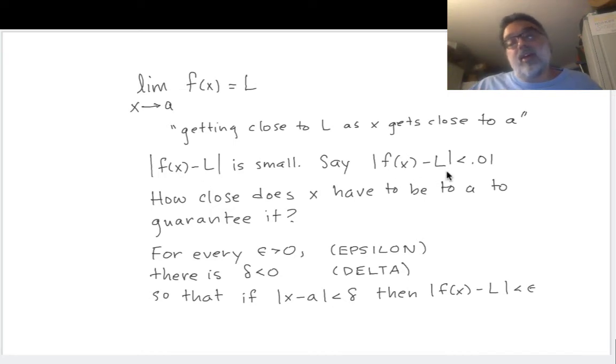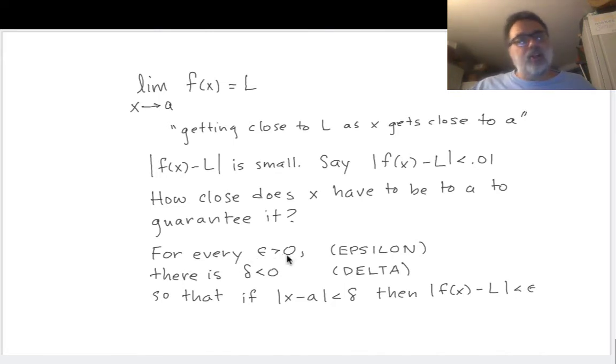Like we could say, well, how can we get it closer than 100th? Well, yeah, you just saw we could get it closer than 100th. So the question then is, how close does x have to be to guarantee it's less than 0.01? And so we have some very traditional language, Greek letters we use for this. For the condition of how close the function is, we say it's epsilon, which we're imagining as small numbers.